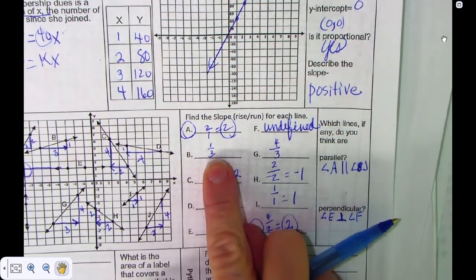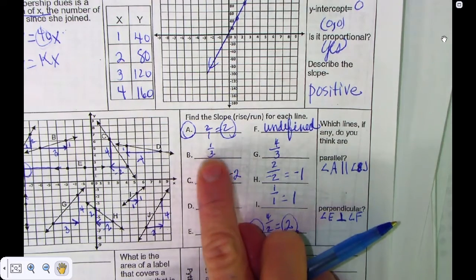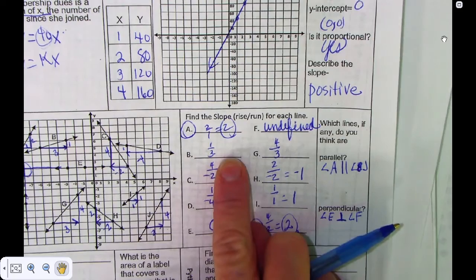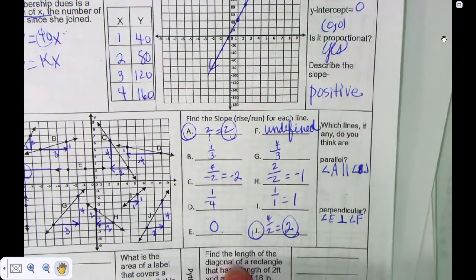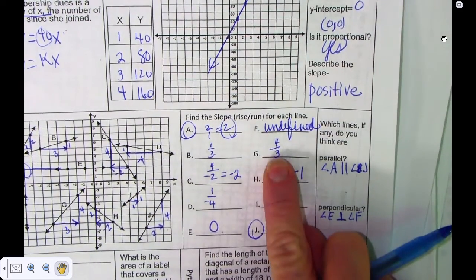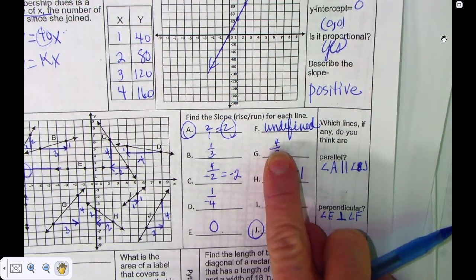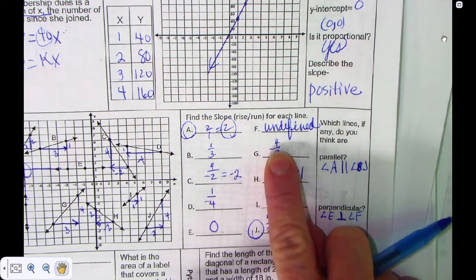So to be perpendicular to 1/3, the slope would have to be -3. Well, there's no more -3s on here. On G, for a line to be perpendicular to that, flip it over, what's it going to be? 3/4, and it's going to be the opposite, so it'd be -3/4.